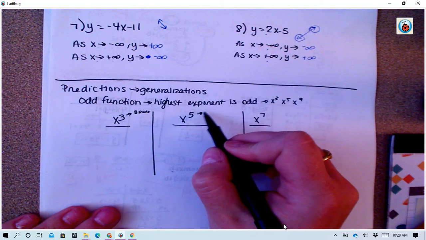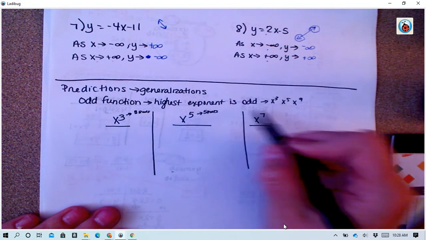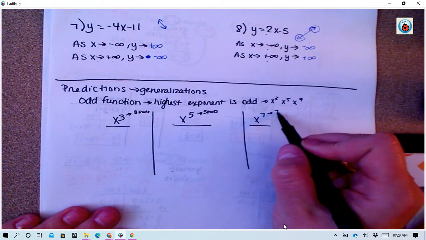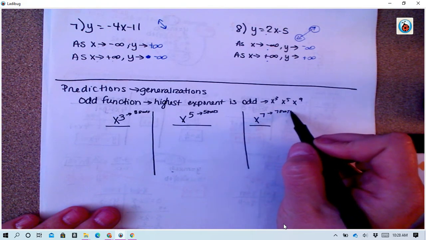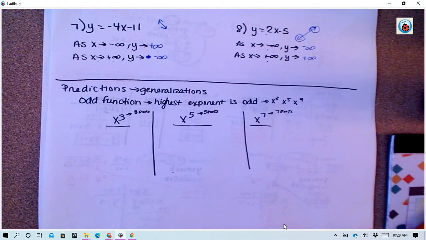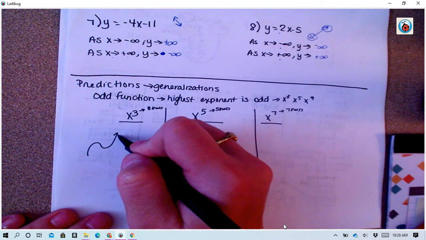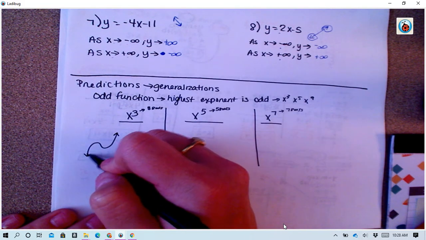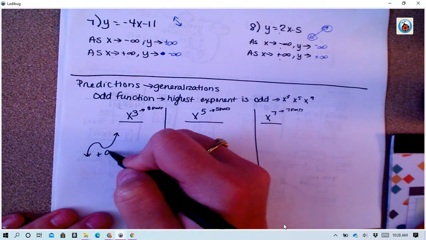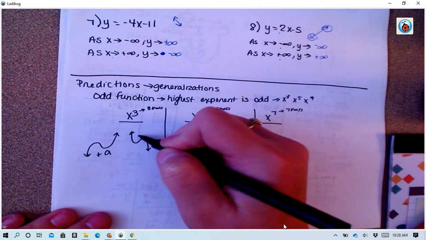X to the fifth means that it could possibly cross the x-axis 5 times, and x to the seventh means that it would have 7 roots, whether they were real, imaginary, or anything like that. So x cubed, if you put x cubed in your calculator, it would look something like this if we had a positive a value, or it would look something like this if it had a negative a value.